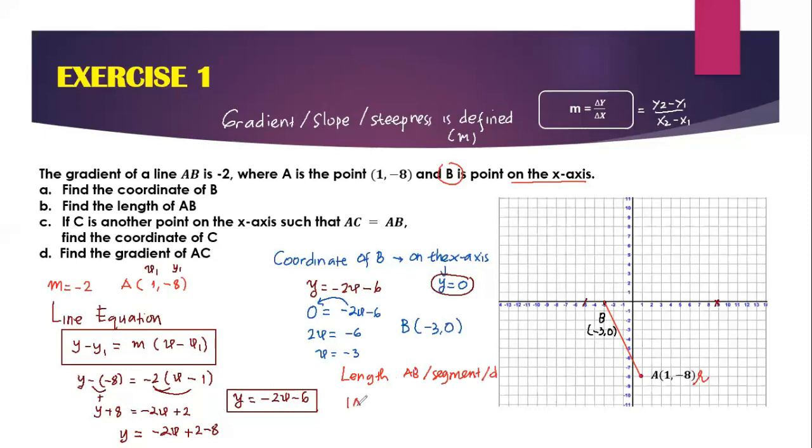So the length of AB equals the root of x2 minus x1 squared, plus y2 minus y1 squared.